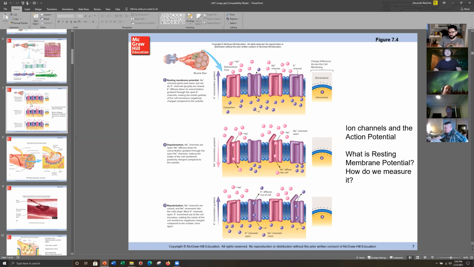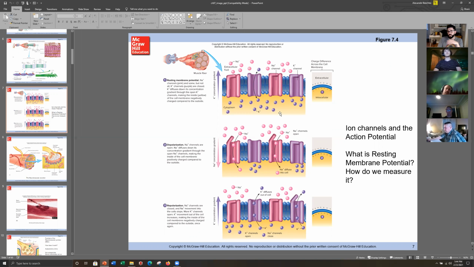So muscle fibers by nature, since they are cells, are what we call excitable. They have membrane channels embedded within their membrane that can let in various kinds of ions, things like sodium or potassium, and that will determine the activity or the excitability of that muscle fiber.